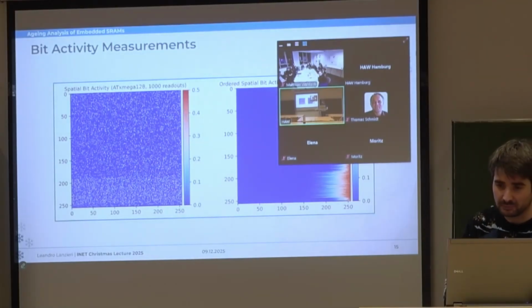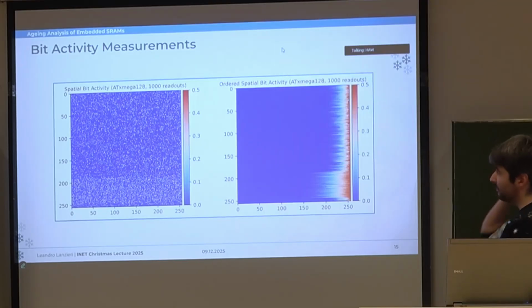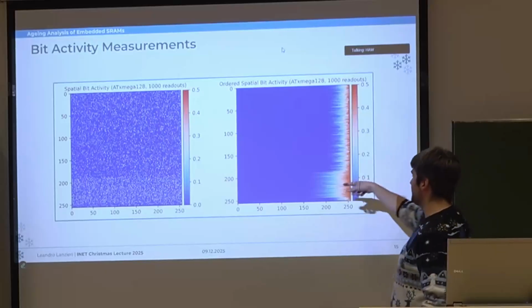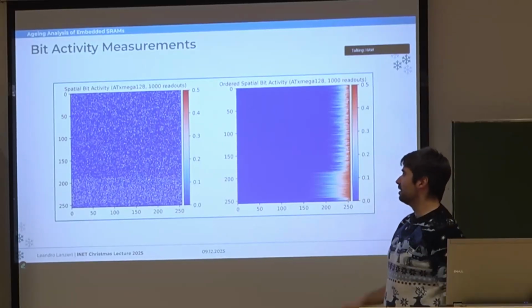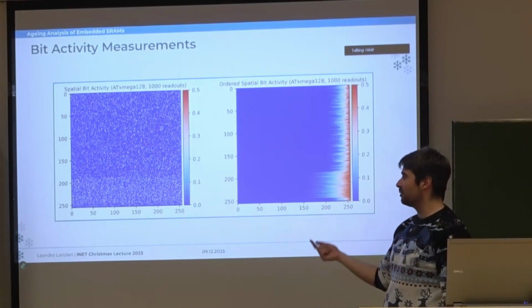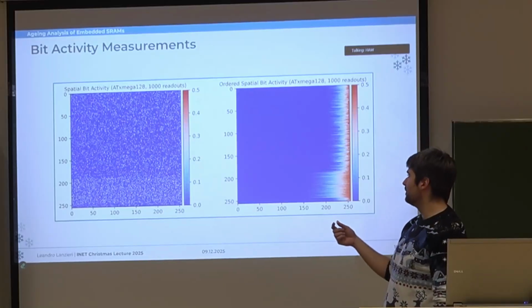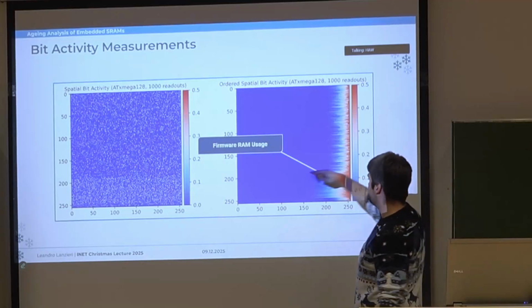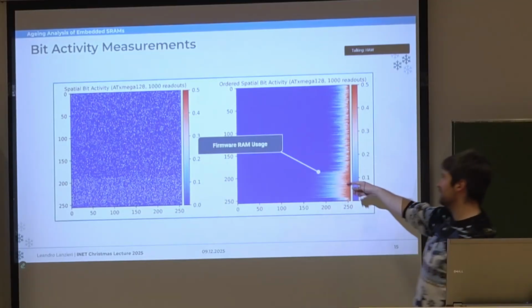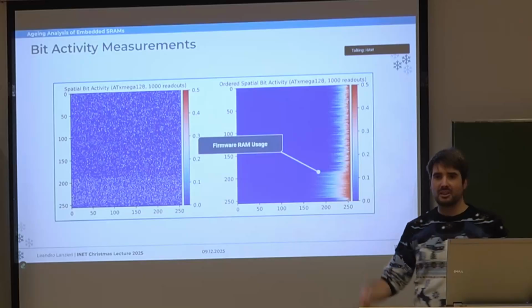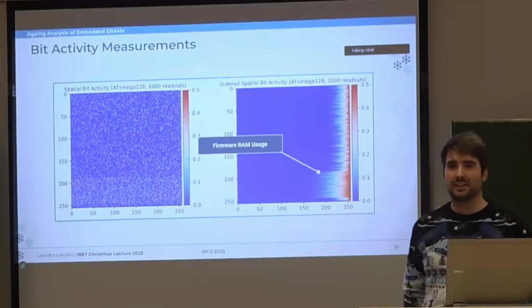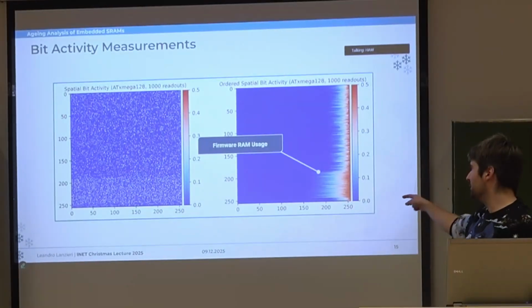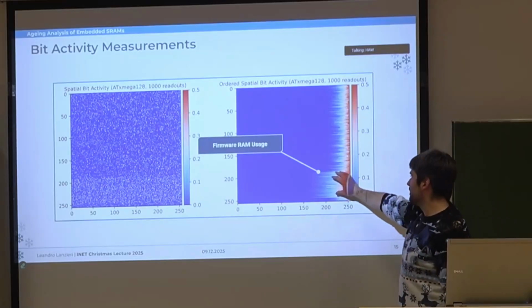Let me move the people. So this is the SRAM of the Atmel microcontroller that has been running a single firmware, and the limit, which is kind of here, is the firmware usage. You can see that this part, which normally if you just flash a normal ELF file to the thing, is not initialized at all, and then this part was not used.